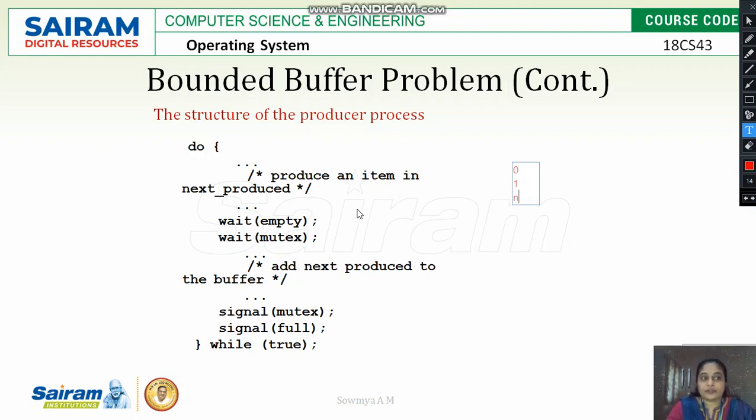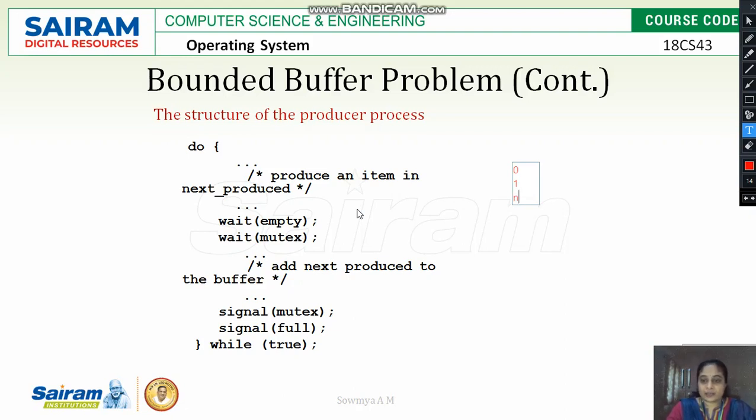In the bounded buffer problem, we have one producer and one consumer. The task of the producer is to produce the data that is copied to the bounded buffer, and the task of the consumer is to read the bounded buffer data which is produced by the producer.